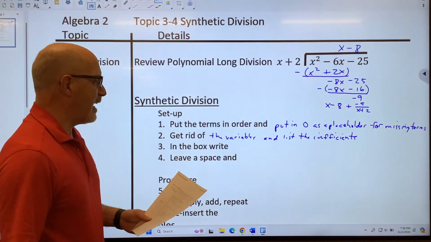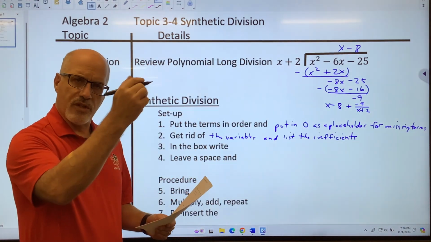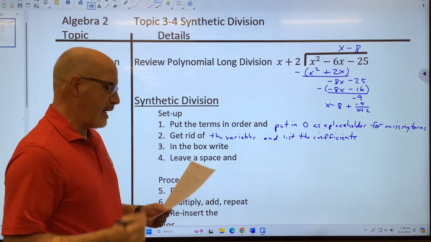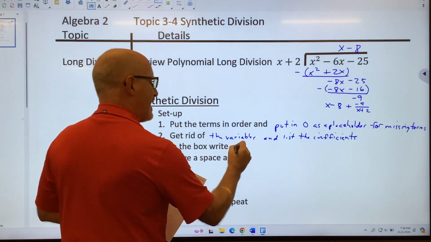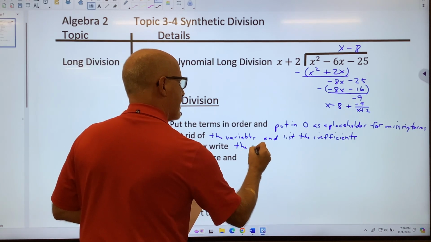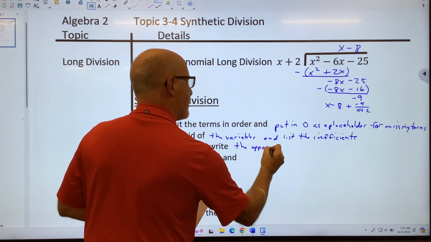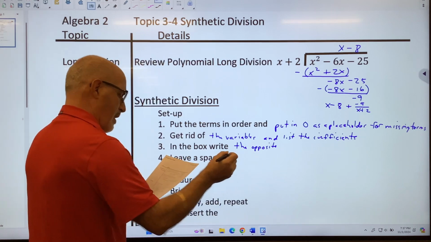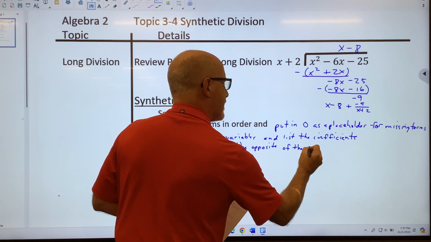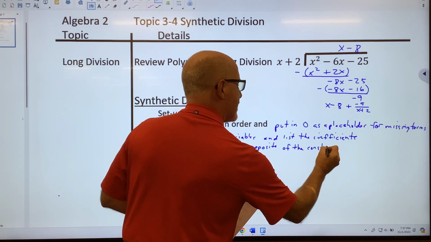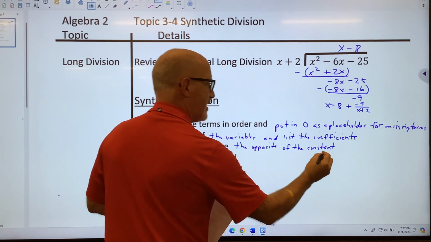Okay. Next, we're going to have a box here, just a little kind of a backwards L. So I'm going to call it the box. In the box, write the opposite of the constant in the divisor.